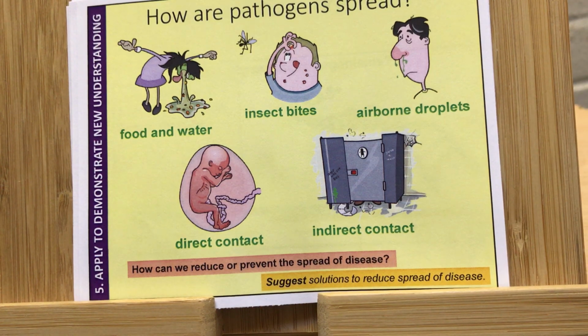Airborne droplets, measles is spread in that way. Direct contact could be through a mother and her unborn child, or it could be direct contact from person to person. And then indirect contact. So this is where we touch something with an infected hand, maybe a door handle, and then somebody else touches that door handle and they pick up the pathogen in that way.